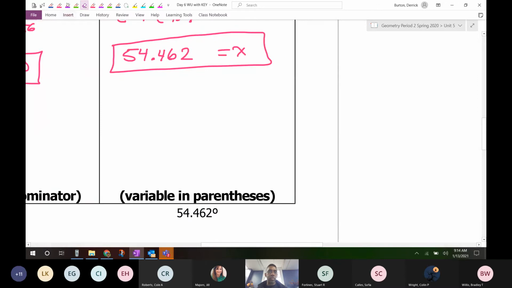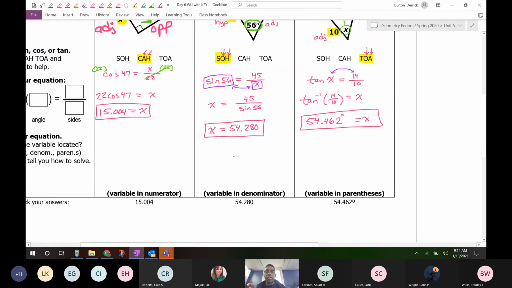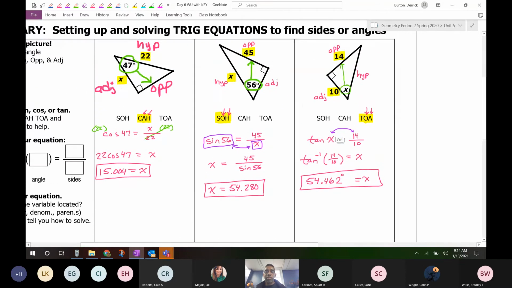Bam. Okay, I guess I should say degrees since this is an angle like they did in the answer key down here. All right, so that is the core of the quiz tomorrow, problems just like this.